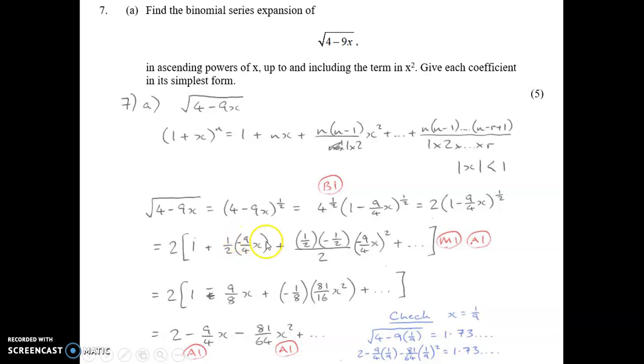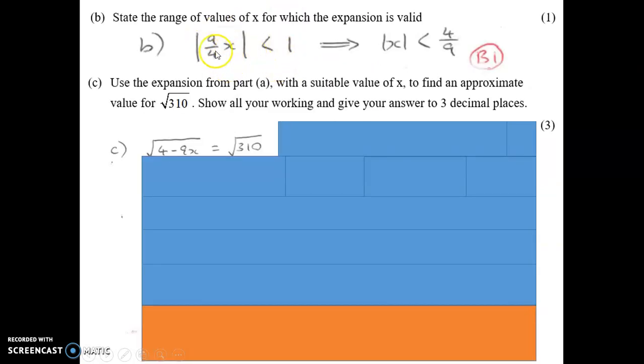So what we can say is that the modulus of that is less than 1. So I can write that the modulus of 9 over 4 x, well, I could have put a negative in there, it doesn't make any difference because it's modulus, is less than 1, and then I can solve for x, so multiply by 4, divide by 9, and I get the modulus of x is less than 4/9, and that will get you a mark.